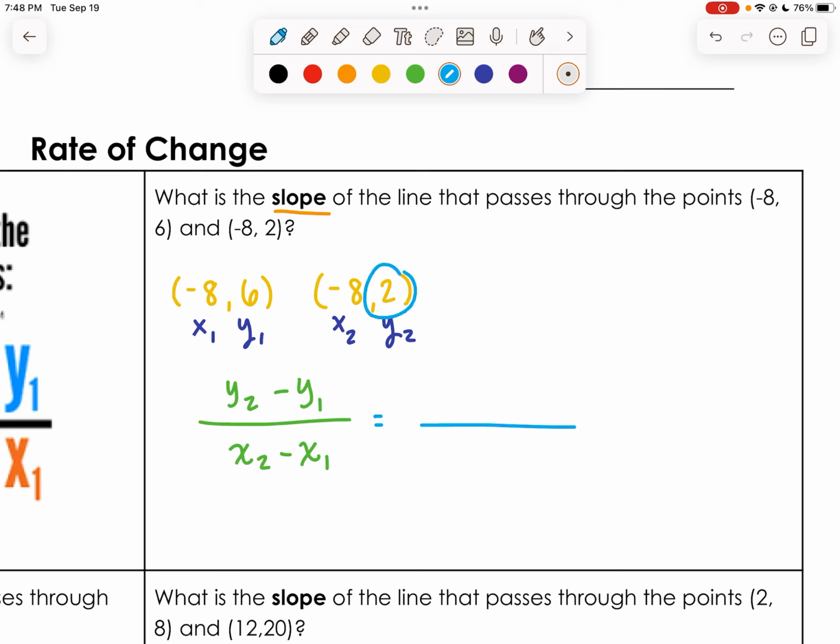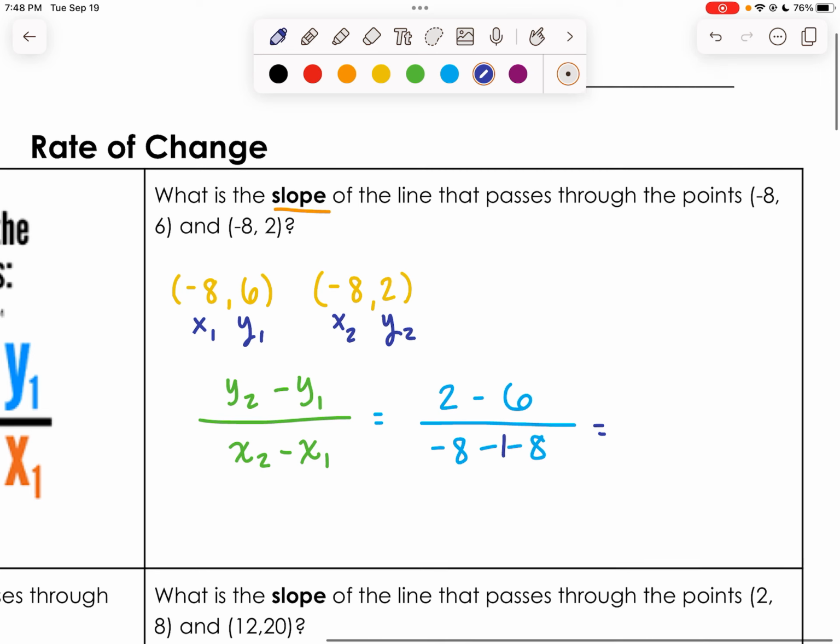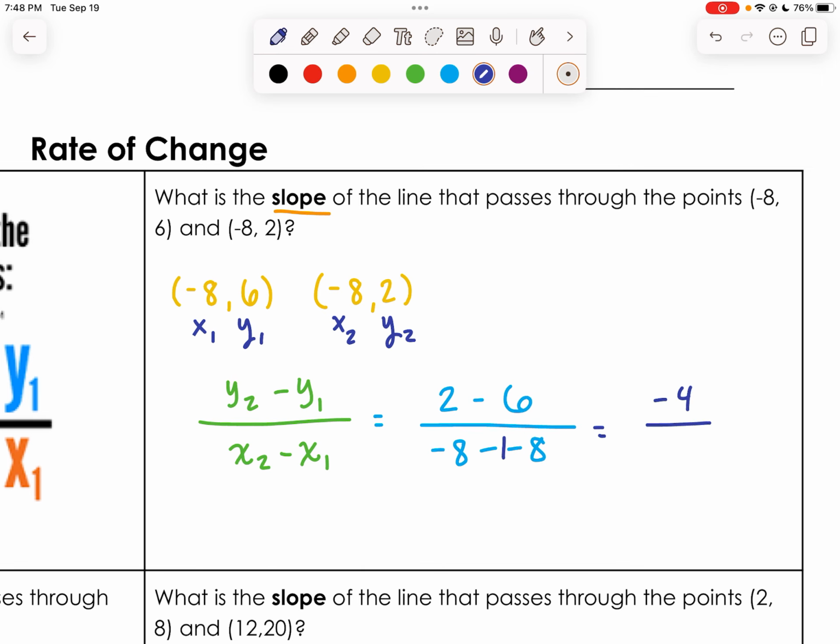So y2 looks like it is 2. I subtract y1, which is 6. And then on the bottom, something interesting happens. I get negative 8 minus negative 8. It looks like I get a double negative, so positive. So when I actually subtract here, I get negative 4 over 0. This is a problem. If you calculate this in your calculator, you will not get an answer.